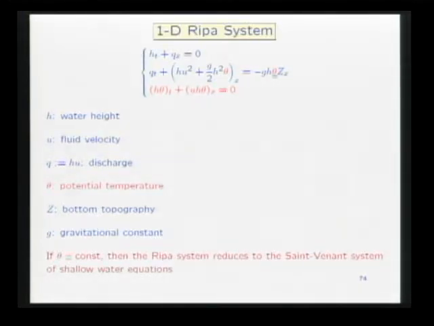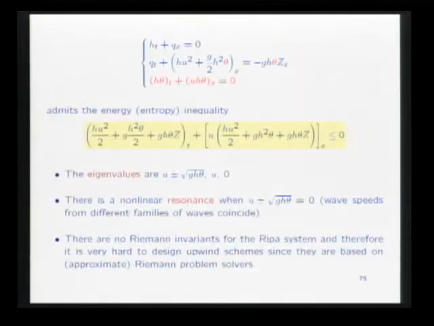Again, if theta is constant, then it reduces to the Saint-Venant system. Christophe Berthon in his talk, if you came to his talk, you already saw this system. This is a bit of repetition of what he had said, but that's okay.